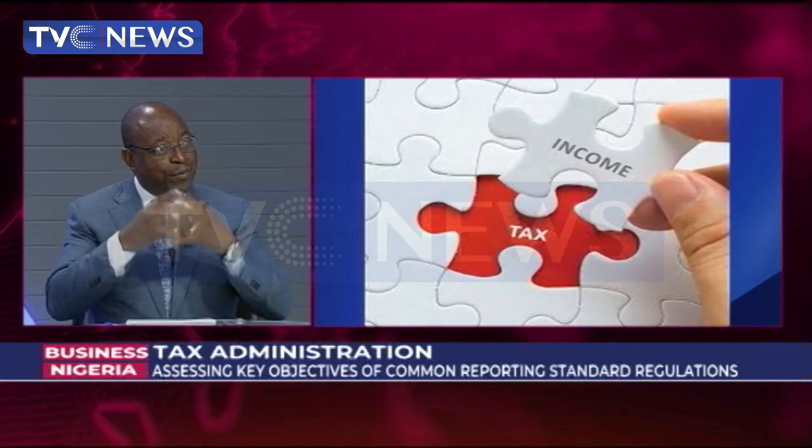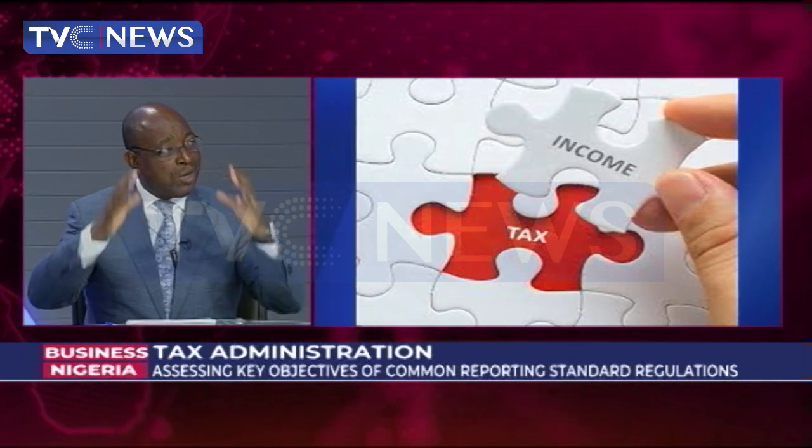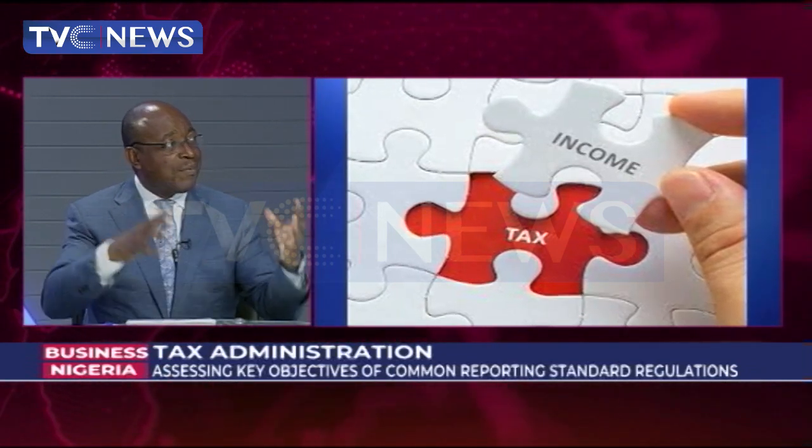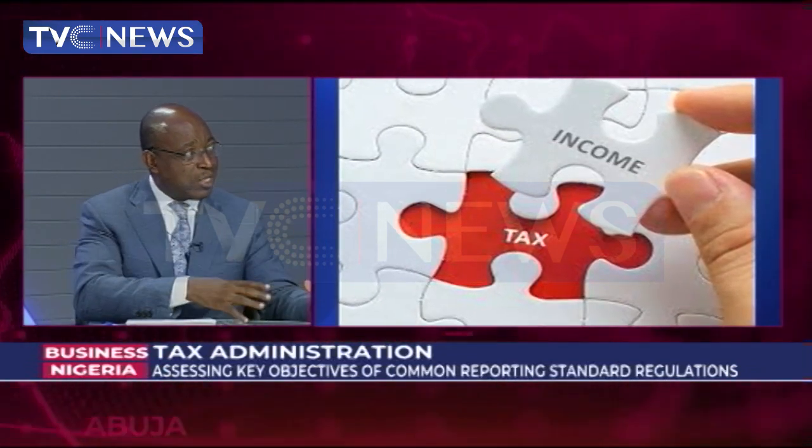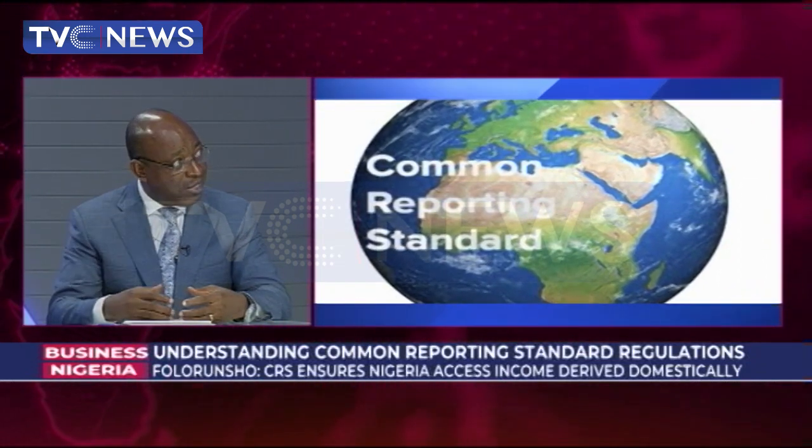But of course, the focus majorly is for the banks and other financial institutions, life assurance companies, asset management companies, stockbroking firms who have accounts of non-tax resident Nigerians, to provide that information to FRS by completing the form.